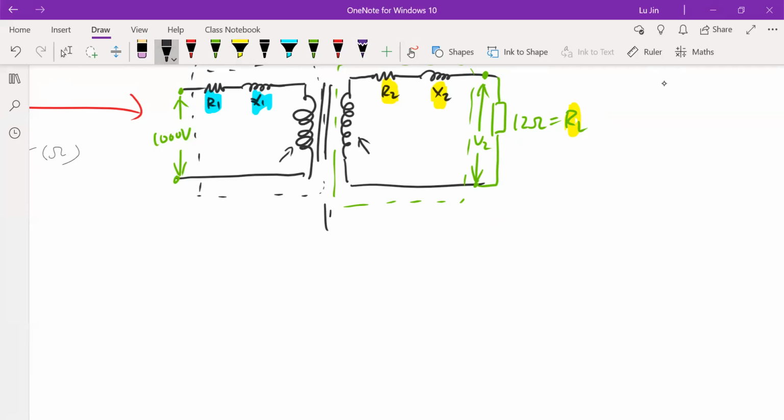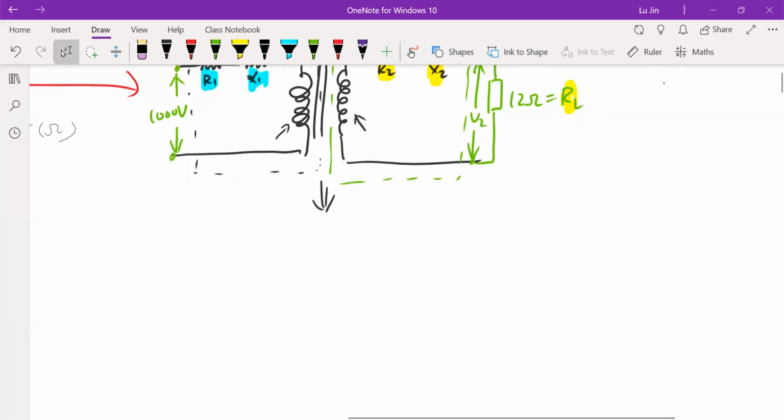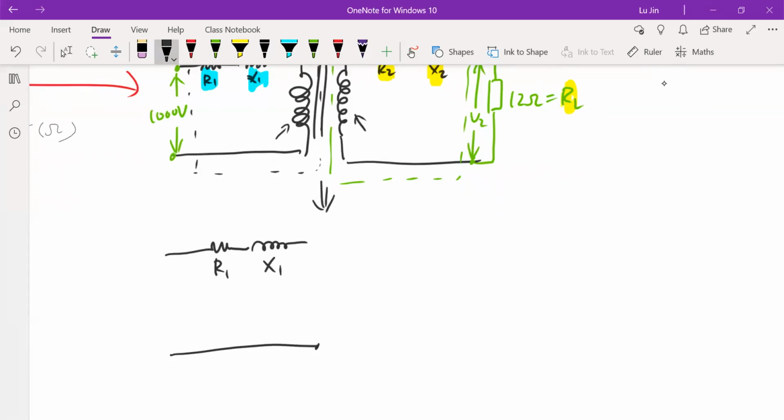Then we will produce such an equivalent circuit. R1, X1 doesn't change, as mentioned. All good, and we have 1000 volts input.